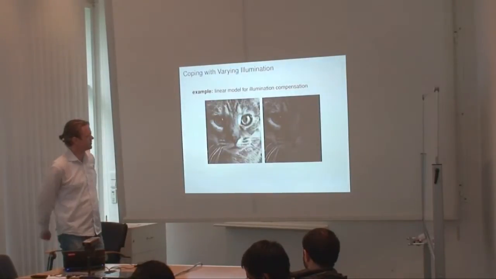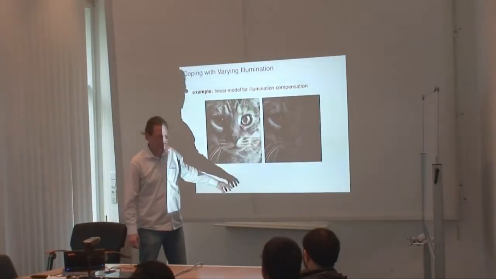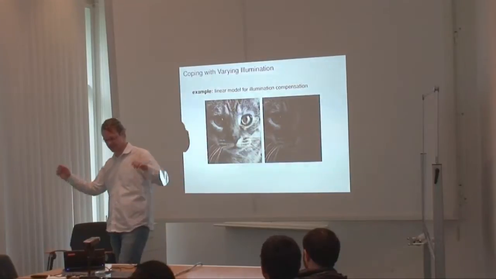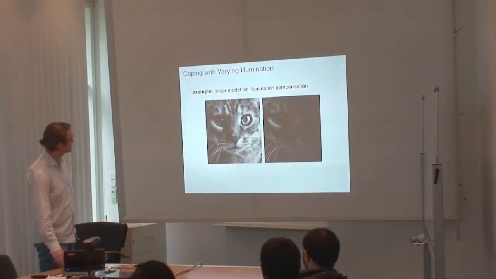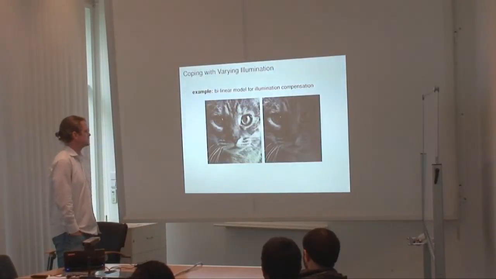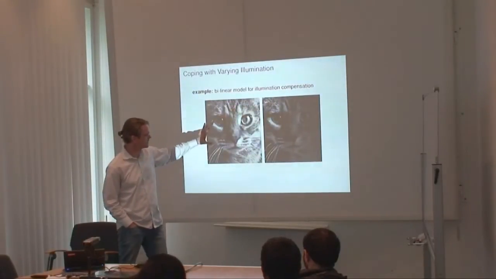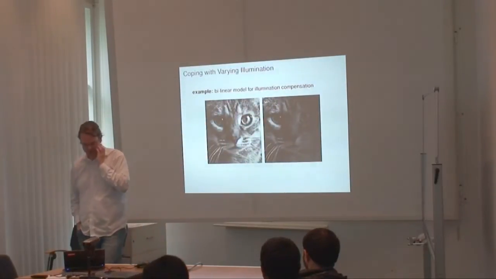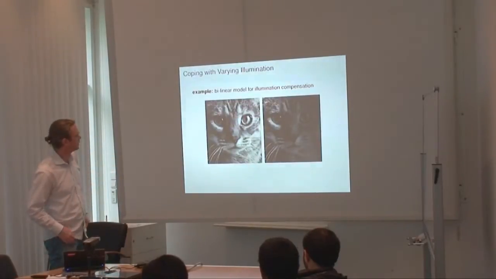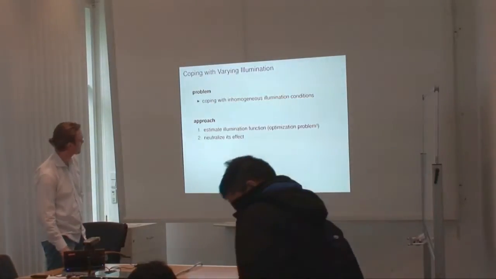This is not really very convincing, I know that. Basically what has happened is that everything has become darker and the whiskers are still very bright, but that's an artifact of this image. You can probably look at another example. What I did can be done slightly better. So the problem we are after is sort of turning images like that into images like that, which are of more equal intensities across all the pixels.